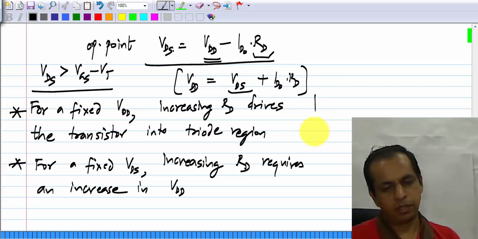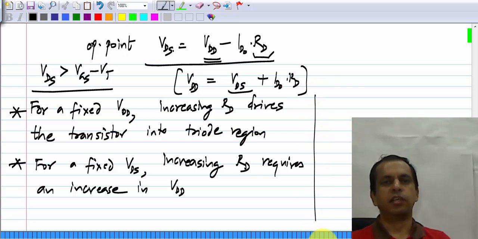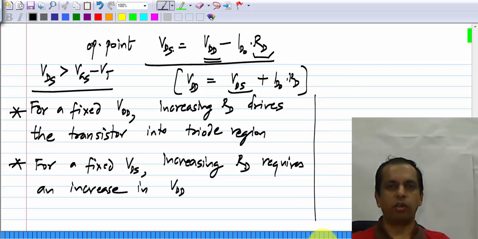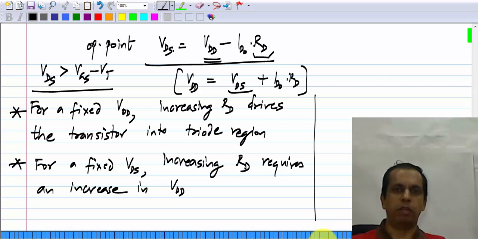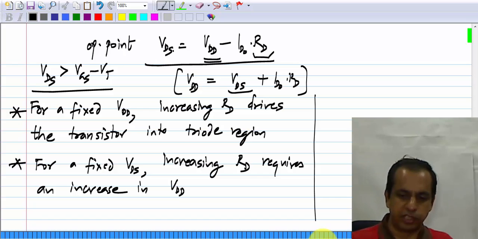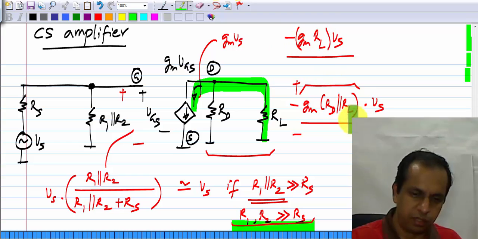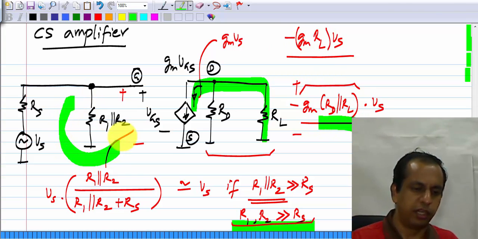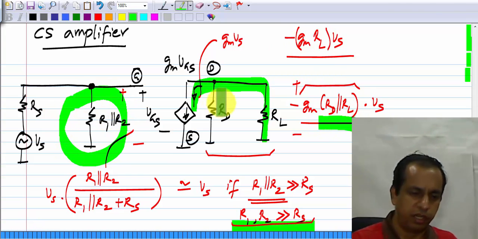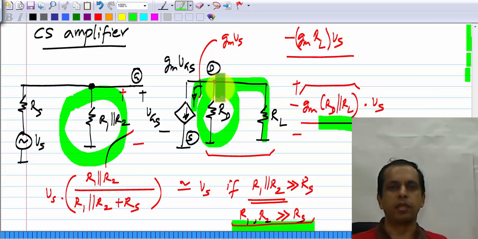Okay. So, because of these reasons, the drain bias resistor RD cannot be increased indefinitely. Okay, because you do not have unlimited supply voltage, you have to live with some supply voltage that is given by the battery. So, you can't increase RD indefinitely, which means that you have to live with this reduction in gain. Okay. This part, the reduction in gain due to this is easy to solve, the reduction in gain due to this is not. Okay.